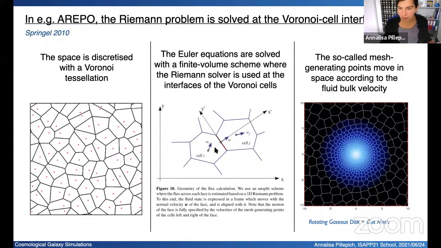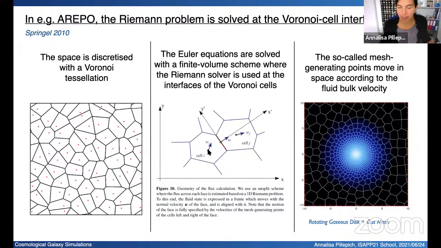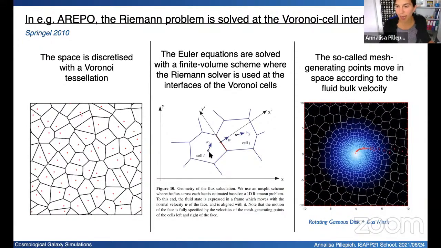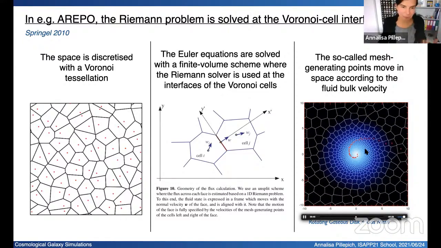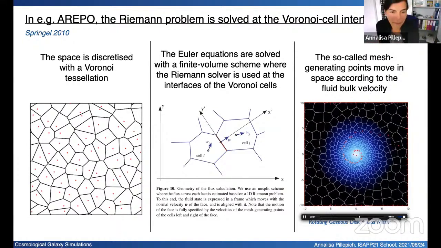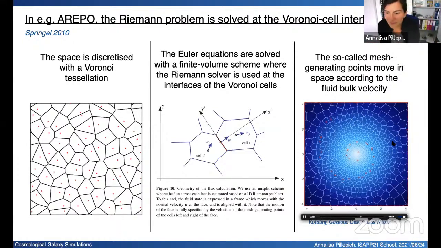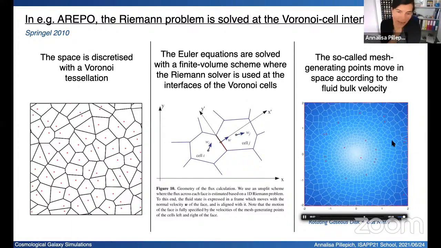But in the reference system of the mesh generating points, and these mesh generating points can actually move with the bulk motion, as maybe you can get an idea of what I'm saying on the right-hand side, where you can see a moving mesh as it's making a gaseous disk.